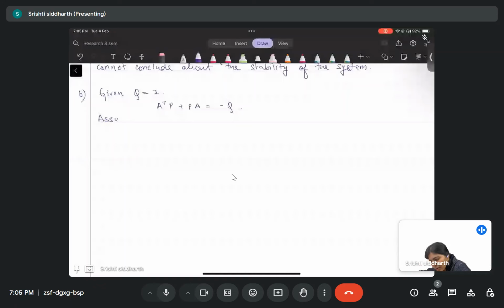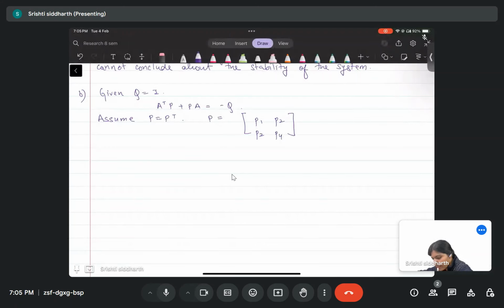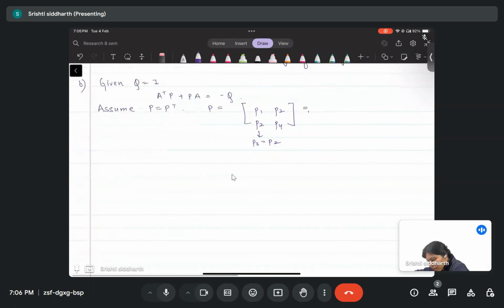So this is a second order system. We have a 2 by 2 matrix which is symmetric. So we have P1, P2, so this is also going to be P2, and let's say this is P4. Okay, so this already implies that P is P transpose.